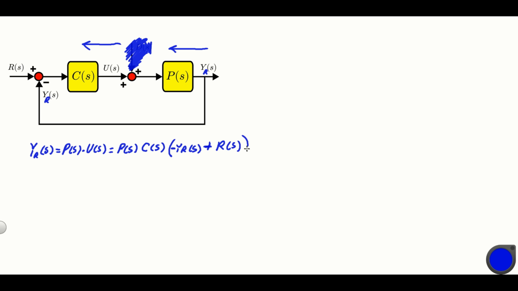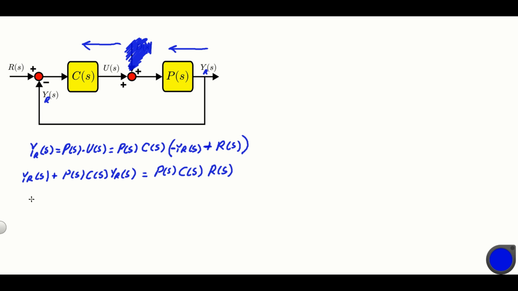And that's it. Now what can we do over here? We can take this y_r and put it on the left-hand side, and we obtain y_r of s plus p of s, c of s, y_r of s, and this is equal to p of s, c of s, r of s.